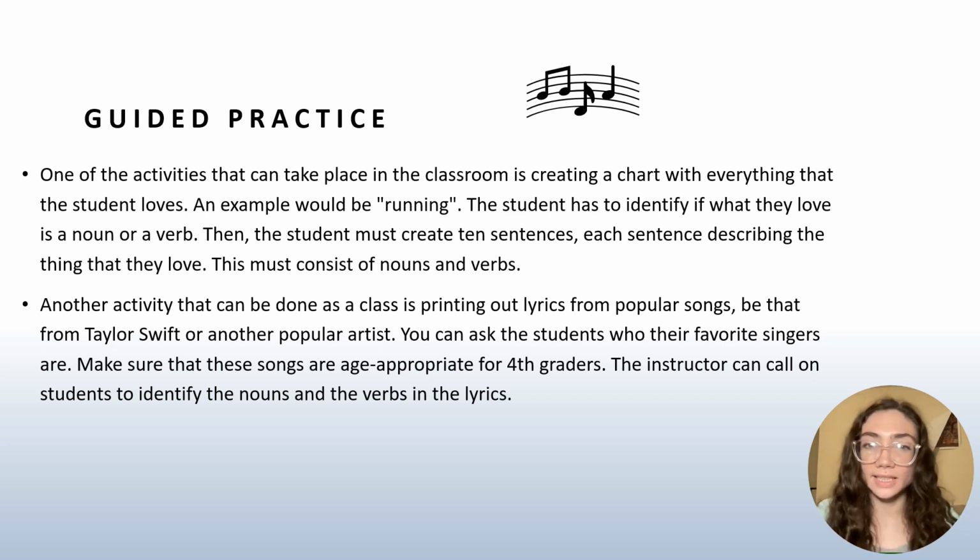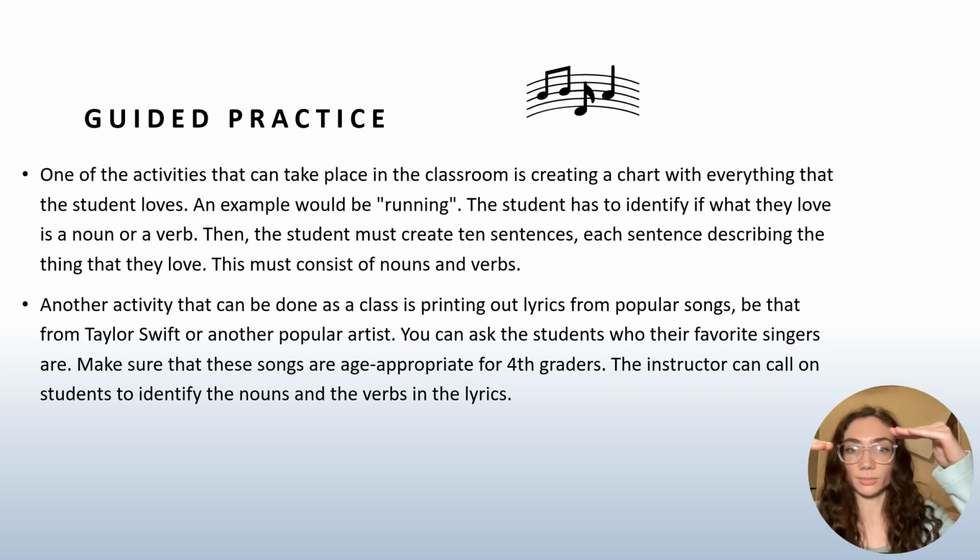And honestly, I would recommend the students create another chart separated with the things that they love, nouns and verbs. So in verbs, running would go here, dogs would go here, and so on and so forth. And they should probably create at least 5 things.